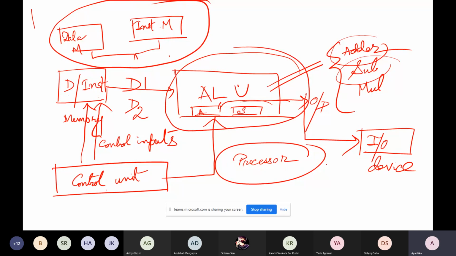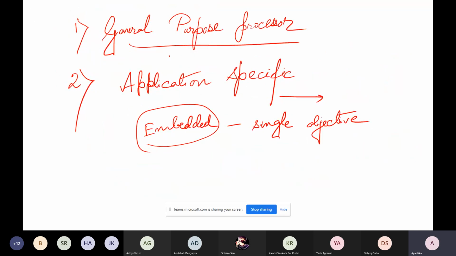In that way it may not be suitable for an embedded application, because you may not consider that huge ALU when designing a resource constrained embedded application. So due to the resource constrained nature of embedded applications, these application specific processors are very much suitable.